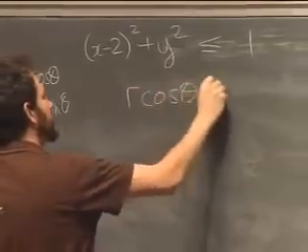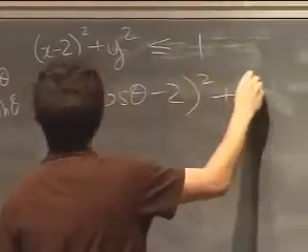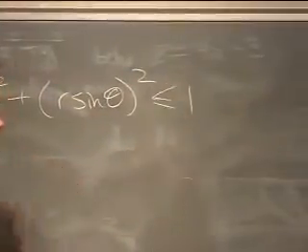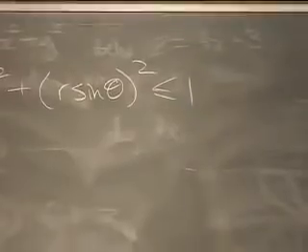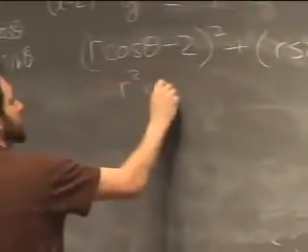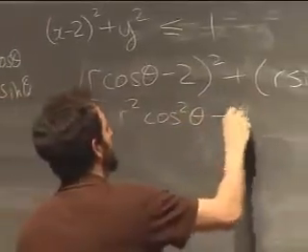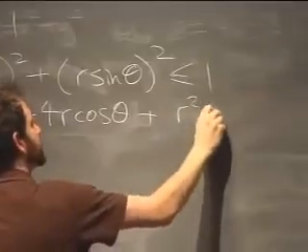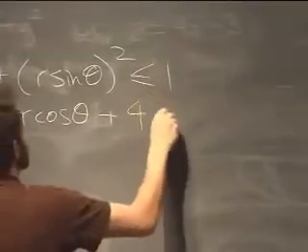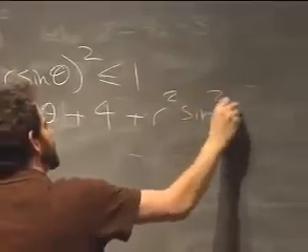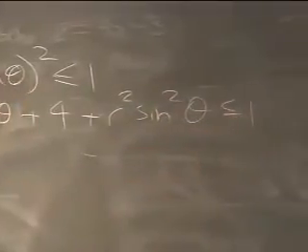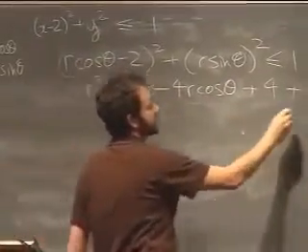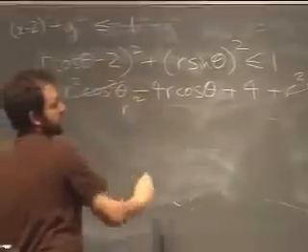You get r cosine theta minus 2 all squared plus r sine theta squared is less than or equal to 1. If you simplify this, you get r squared cosine squared theta minus 4 r cosine theta plus r squared sine squared theta plus 4. It's going to be exactly the same. This and this gives r squared, and it's exactly the same.